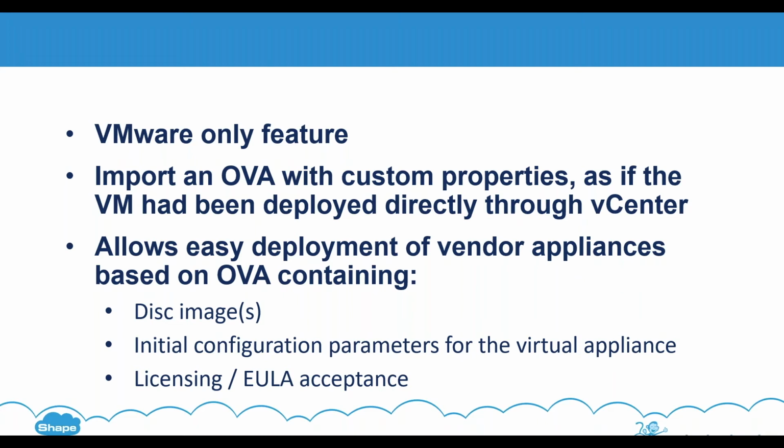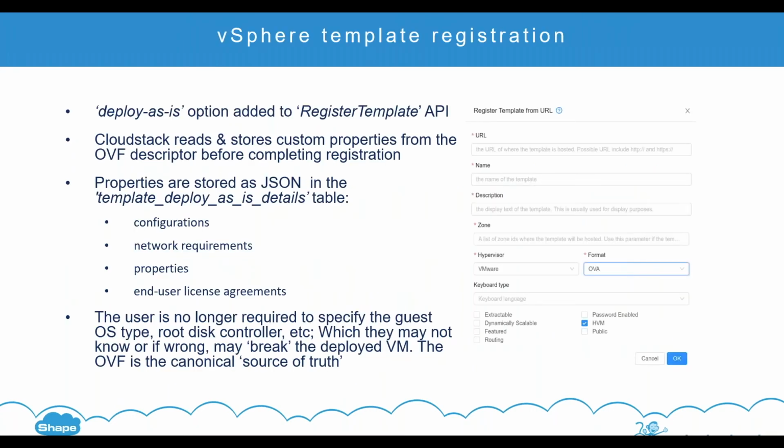So the use case is around network appliances or any other appliances, any vendors who ship an appliance, rather than us having to specify all of that when we register the template, or the user having to guess it when they go and create a virtual machine based on it. We're reading all of that in from the OVF properties, disk image, the initial configuration, the licensing, the EULA, etc.